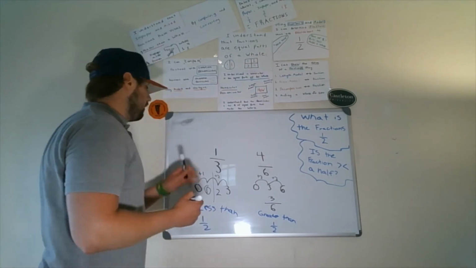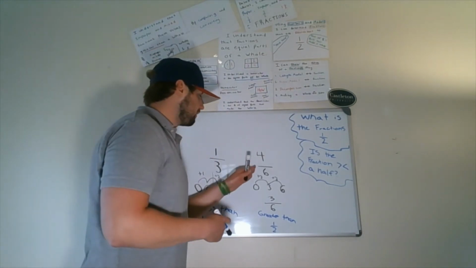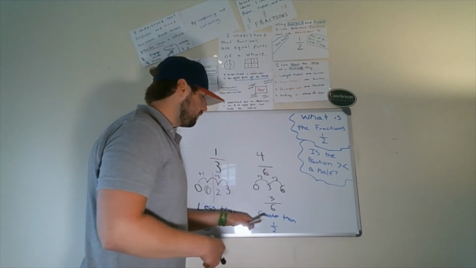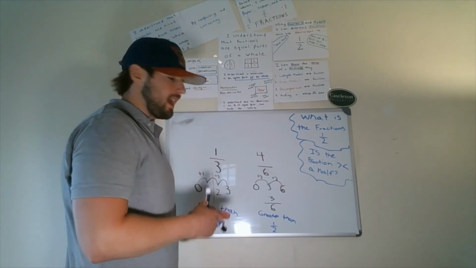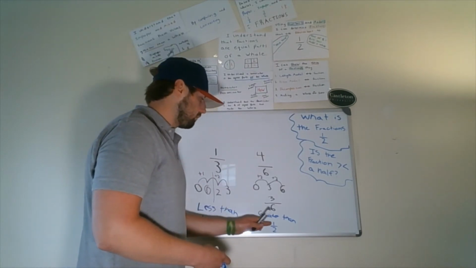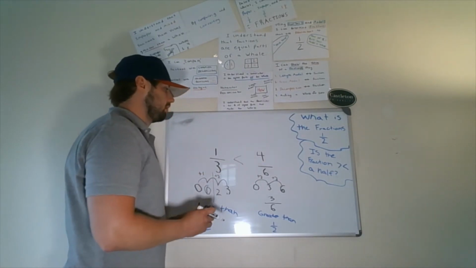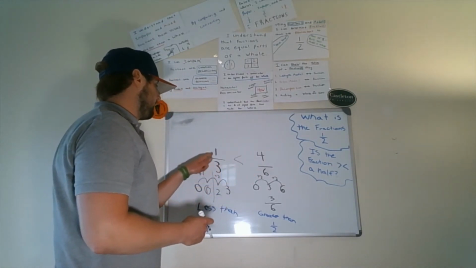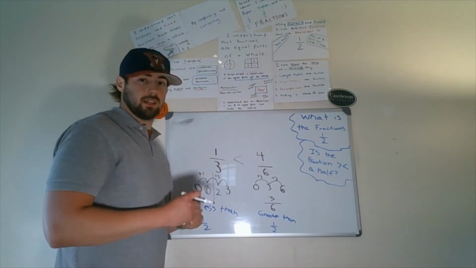So, 1/3 is less than a half. 4/6 is indeed greater than a half. If 1/3 is less than a half and 4/6 is greater than a half, most certainly 4/6 is greater than 1/3, and 1/3 is less than 4/6.